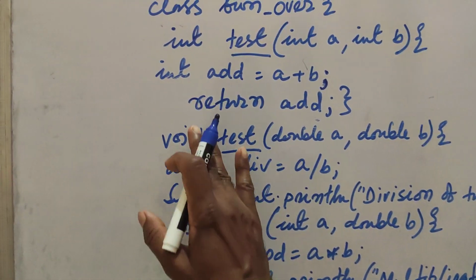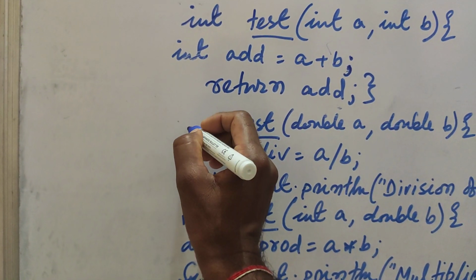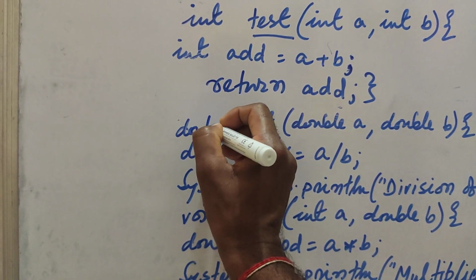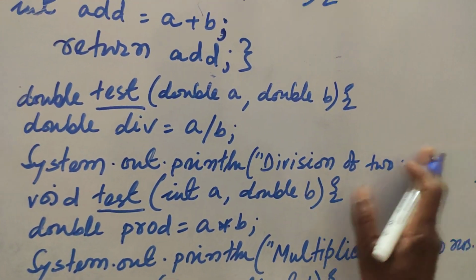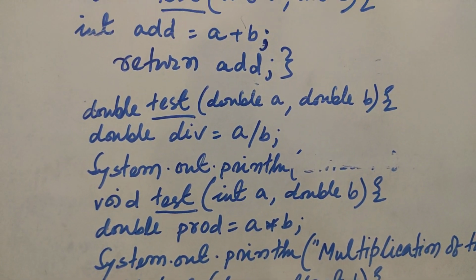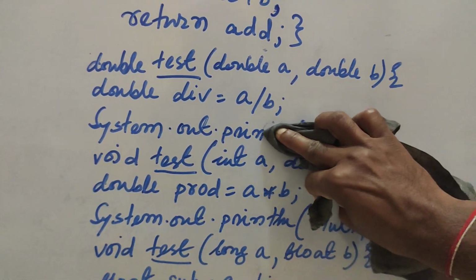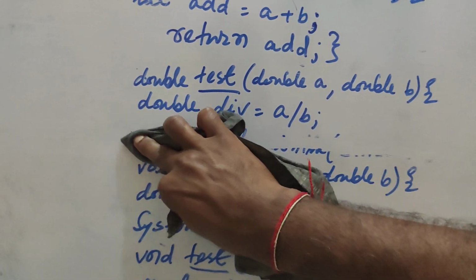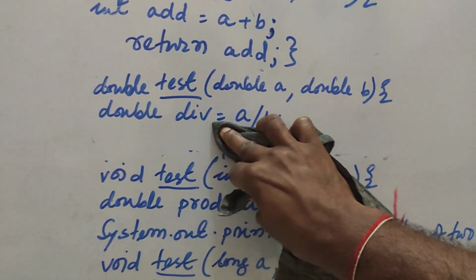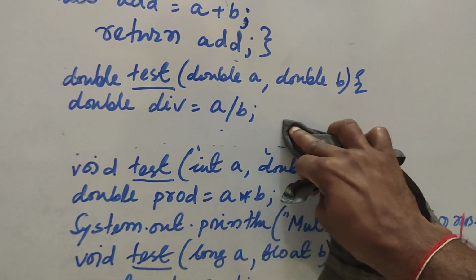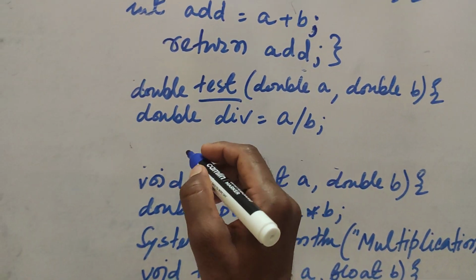Now if it is double, its data type should be double. Then system.out.println will not be used, and write return statements again.